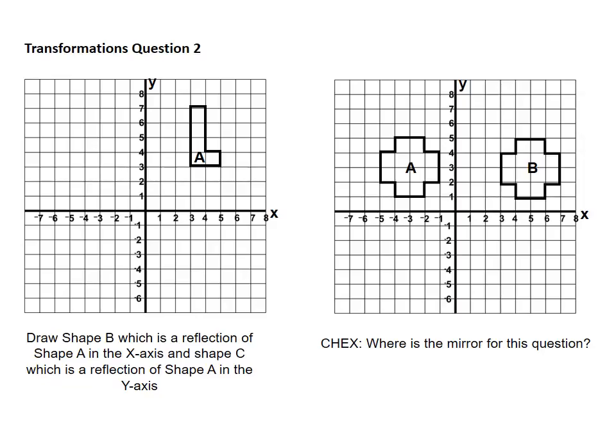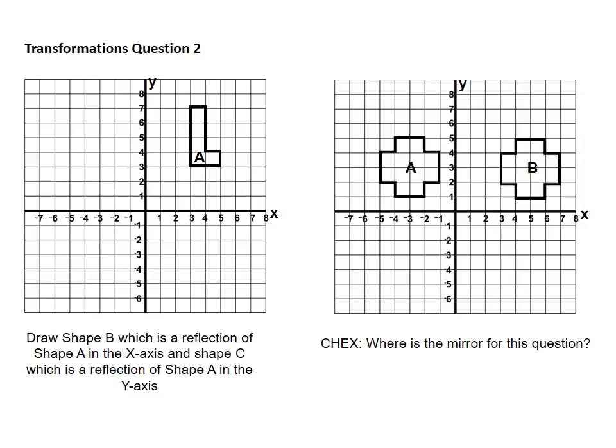So the first thing you're going to have to do is to draw your 4-quadrant coordinate grid. Then make sure that you've accurately drawn shape A on there and do shape B and shape C.